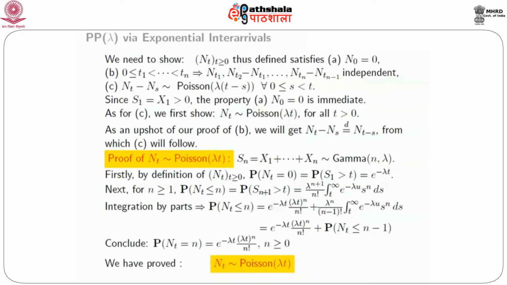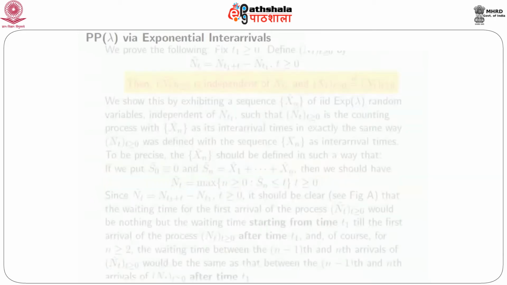So what we have therefore is probability N_t less than or equal to n is e to the minus lambda t, (lambda t) to the power n over n factorial, plus the probability that N_t is less than or equal to n minus 1. From this, of course, by subtracting the second term of the right hand side from the left hand side, you get that probability N_t equals n is nothing but e to the minus lambda t, then (lambda t) to the power n over n factorial, for every n greater than or equal to 0. So therefore we have proved that N_t has a Poisson lambda t distribution.